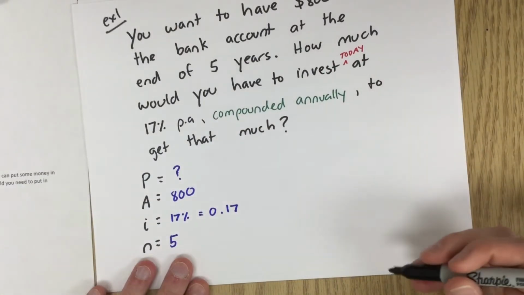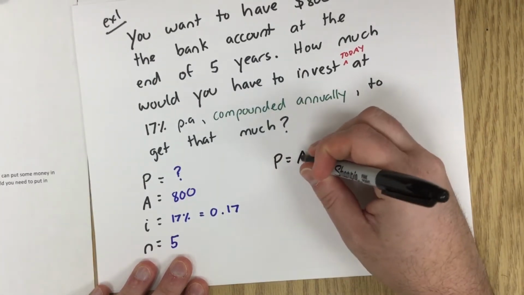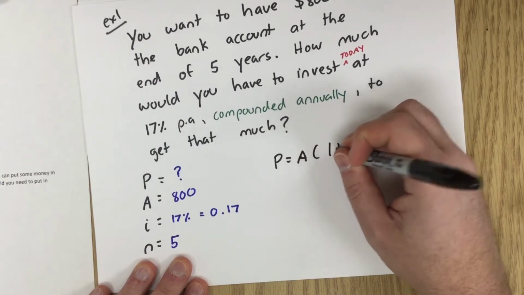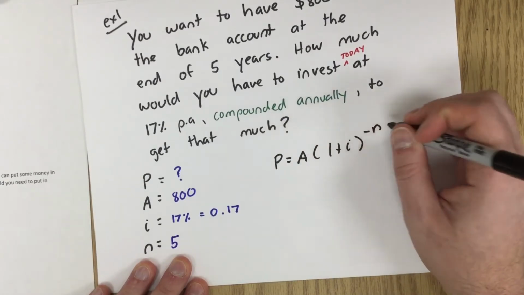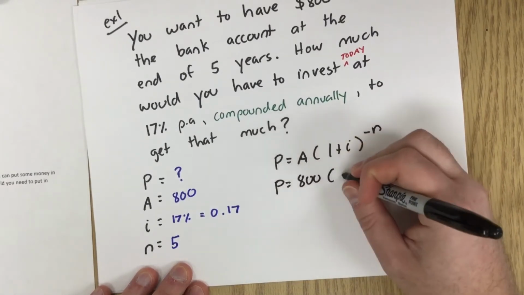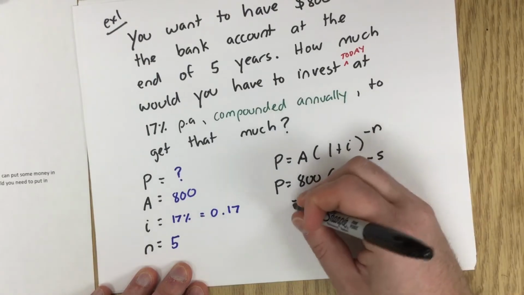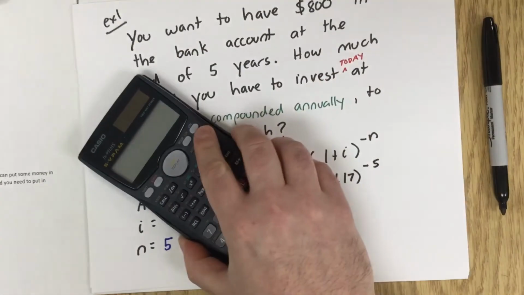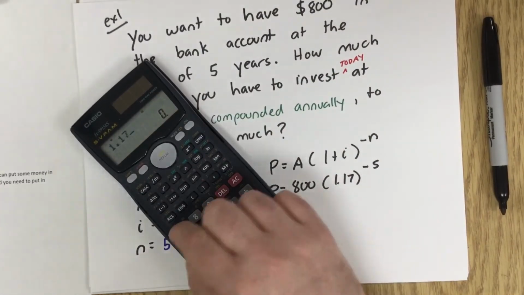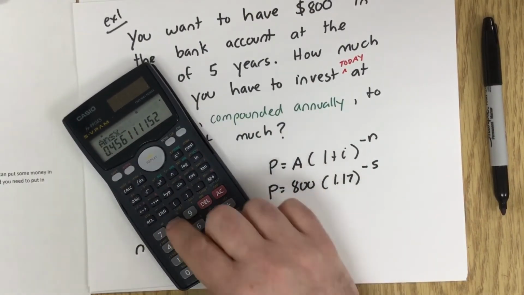So we're going to say, okay, P equals A times 1 plus i to the negative n. $800 times 1.17 to the negative 5. So 1.17 to the power of negative 5 times 800.